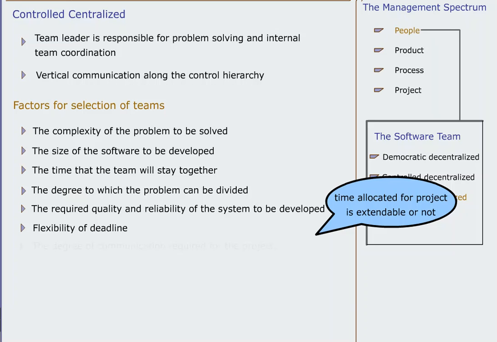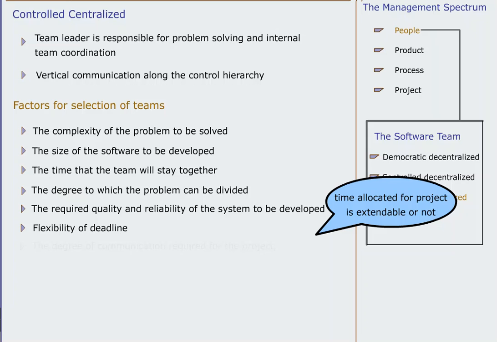Number 7. The degree of communication required for the project. Degree of communication means that the project has issues to be discussed daily, or the problem is so clear that it rarely needs discussion. Because a centralized structure completes tasks faster, therefore simple problems can be easily handled.